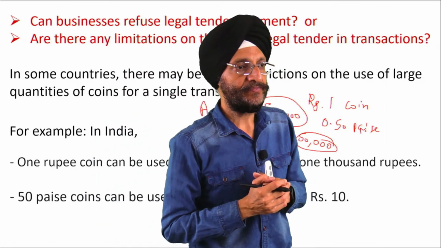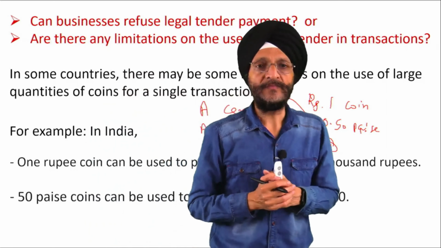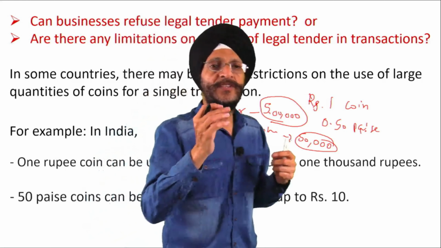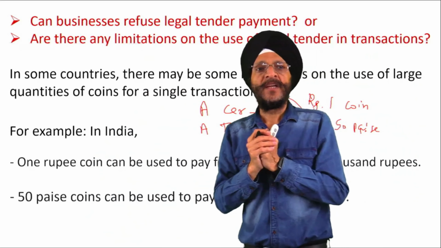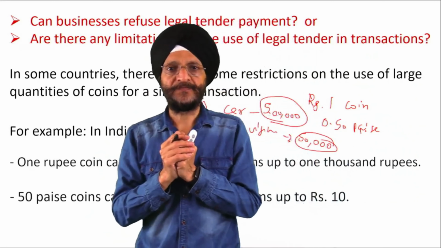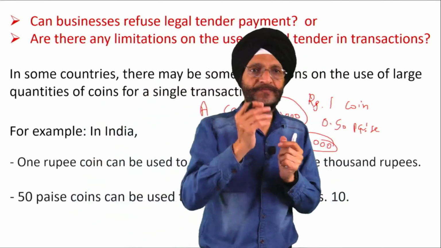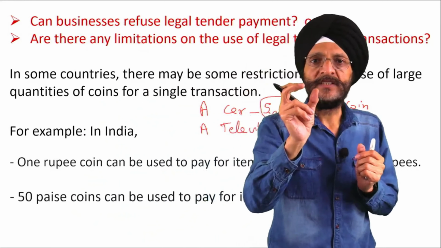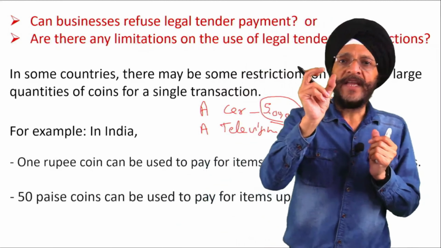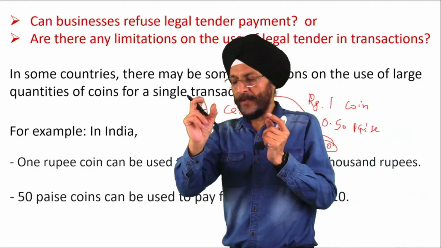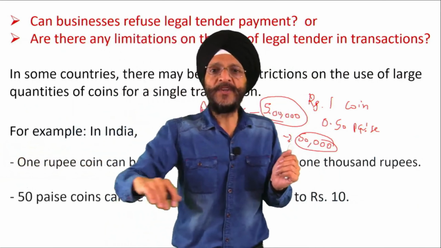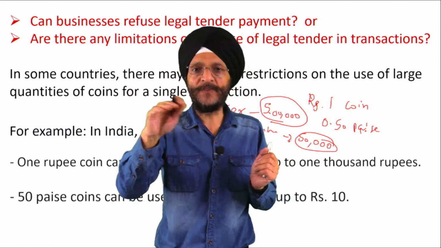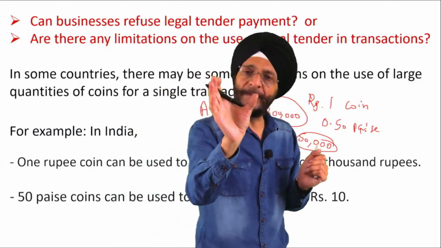No, it is not as per the rules, because the government of India has already declared that the coins can be used for the purpose of transactions only in a limited quantity.